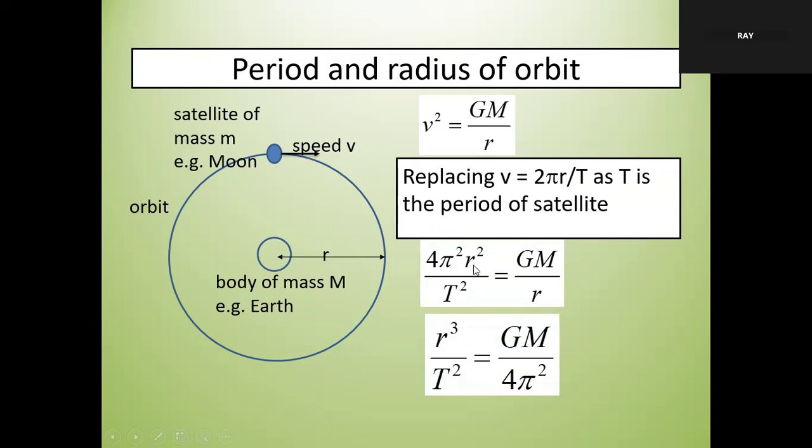Take r across, it's r cubed, and take 4 pi squared down. GM over 4 pi squared is constant. It's quite a popular question that comes out quite often, either deriving this equation or they may play with you, introducing density inside this equation. So you must be able to play with them.